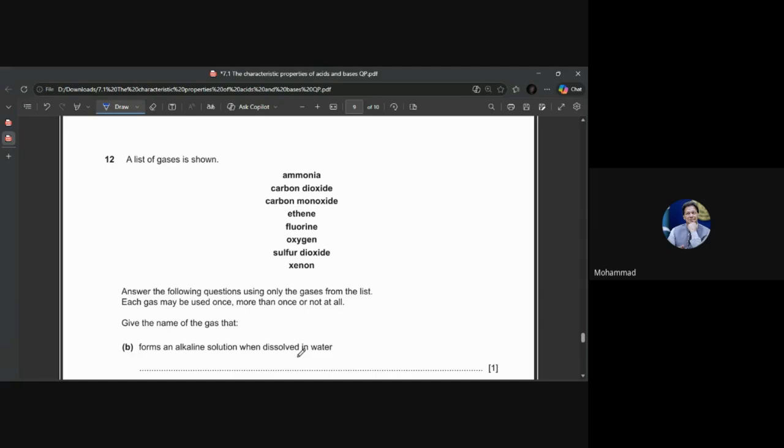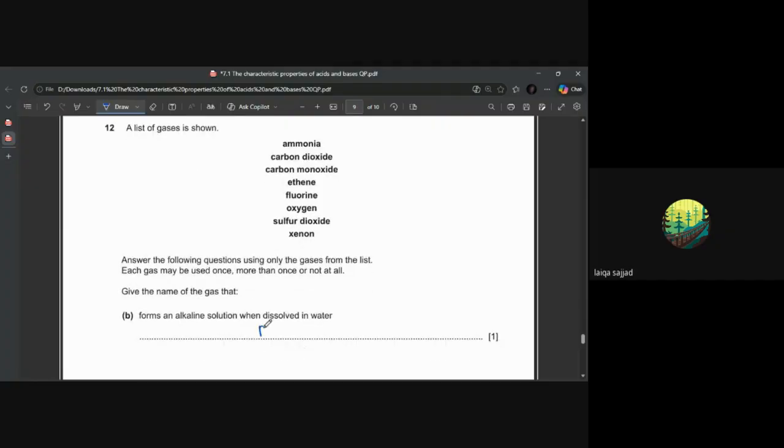Ammonia. Very good. Excellent. What do we get when we dissolve ammonia in water? Ammonium hydroxide. Very good.